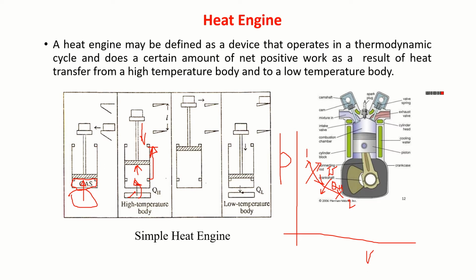Now, what am I going to do? We have lifted the weight. Next, I come back to this point. Here, I bring a cold body and make the heat flow like this.